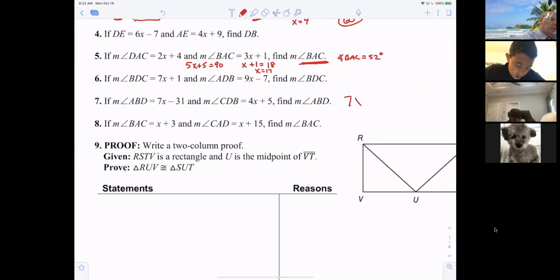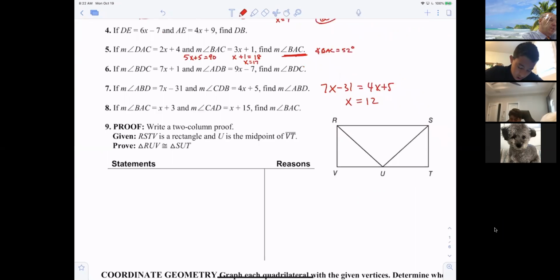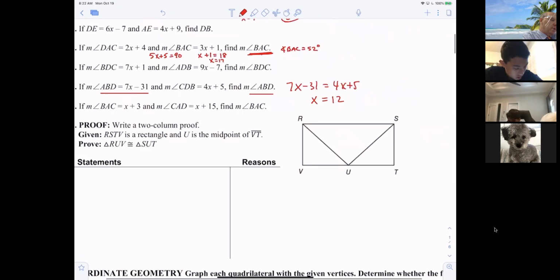So thank you. 7x minus 31 equals 4x plus 5. So what do we have here, guys? I think x equals 12, right? So here we go. We want ABD. Angle ABD equals 53 degrees. All right, I'm happy with that.